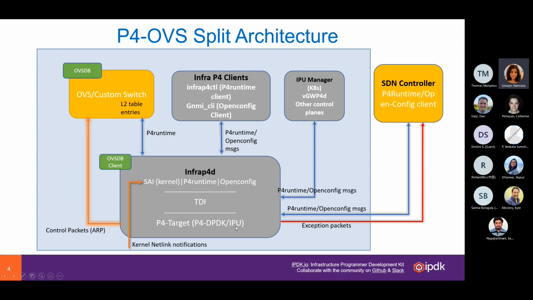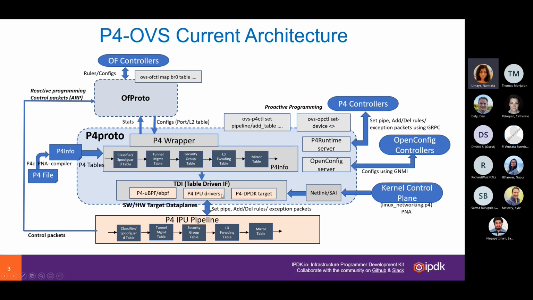No, this is DPDK/IPU. All of these targets are just examples. There could be more targets, more vendors, who will want to integrate into TDI by creating their own target dependent library, which gets linked into the TDI. So there could be more targets other than what I've listed here as well.